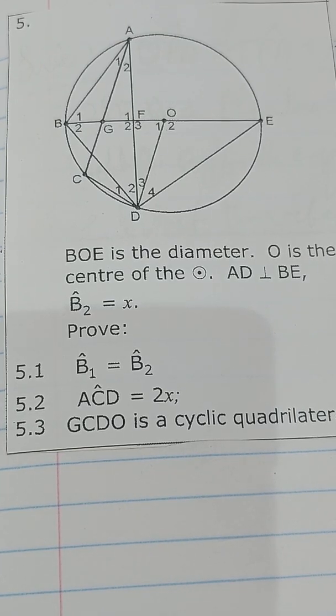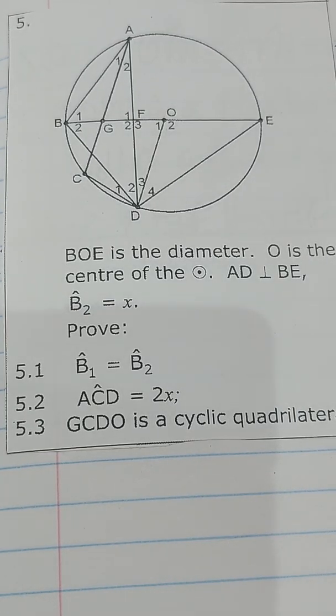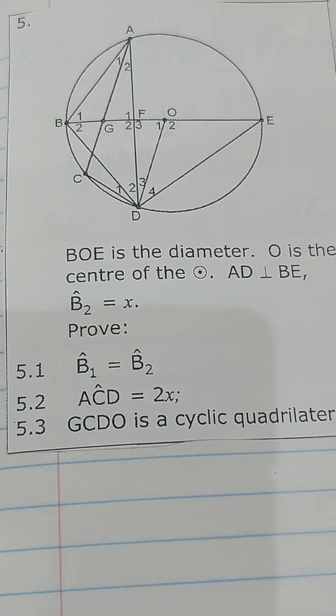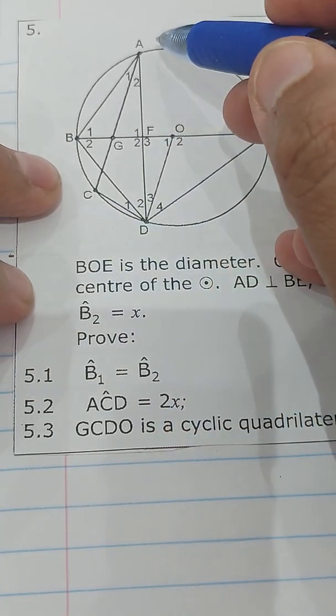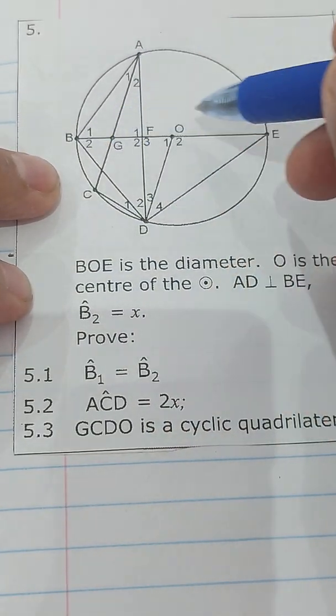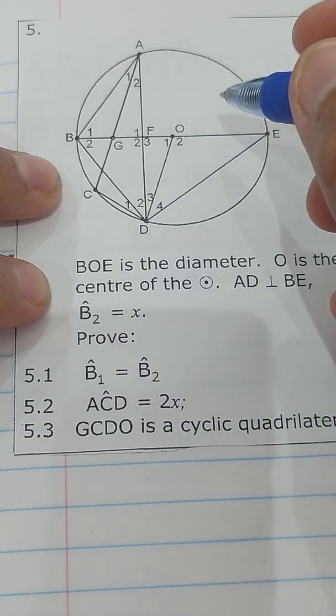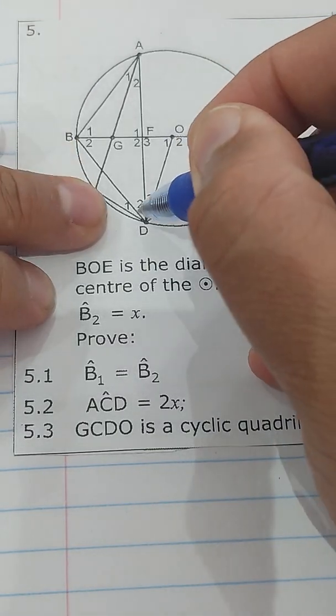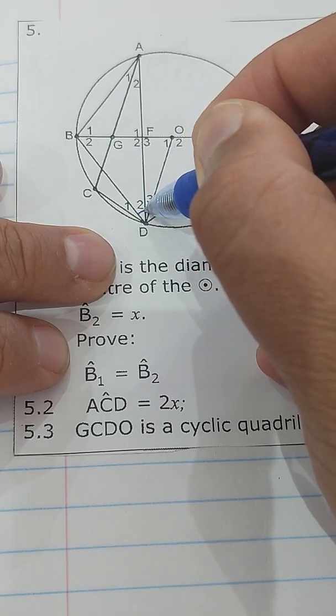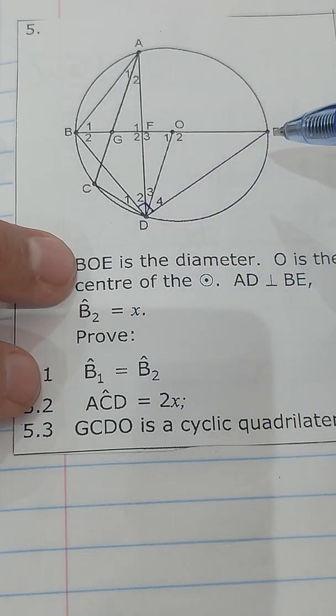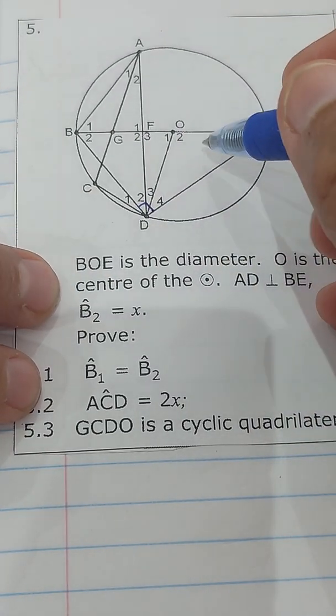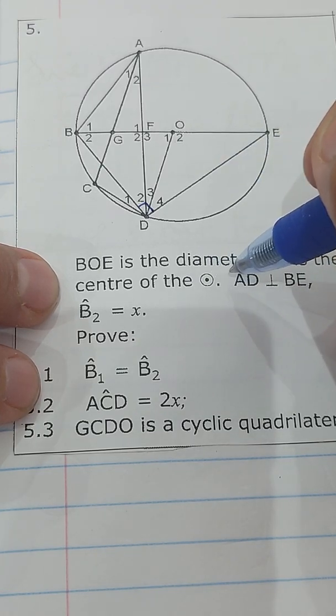Okay, now this is number 5. In number 5, we are told that BOE, OE is the diameter. If this is the diameter, of course, then this angle here is going to be 90 degrees. Angle in semicircle. O is the center of the circle.